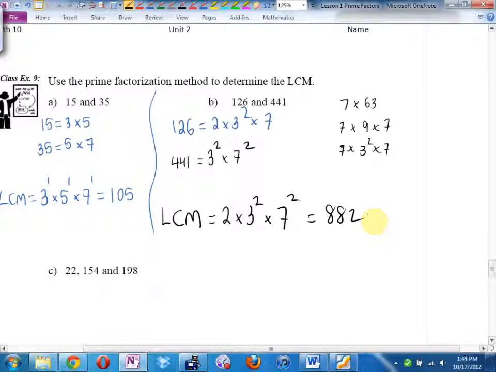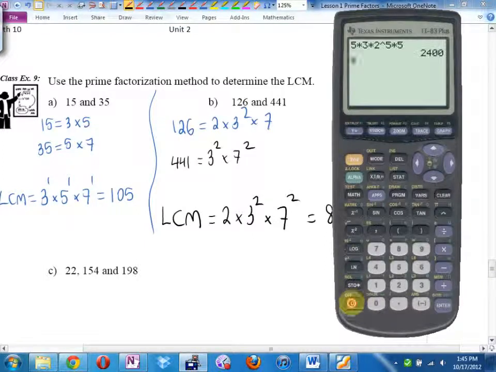But I am going to suggest, Alex, that method, even though it was a lot of writing, for big numbers is probably faster than guessing and checking. Because most of you would have done this. You would have said, well, I know this trick works. 126 times 441. And then you would have tried to whittle that down. Or you could double 441 and then multiply 126 by the number of 2s together.